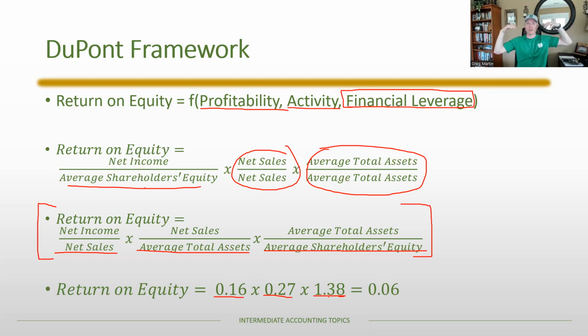Let's say we had $2 in assets for every dollar in shareholders' equity, which would be about a 50-50 mix between liability and equity. If we raised that and could maintain the other two, we could increase our ROE. It's going to increase it quite a bit, 70%. So all that to say, leverage can be useful, and this is a great way to depict that.